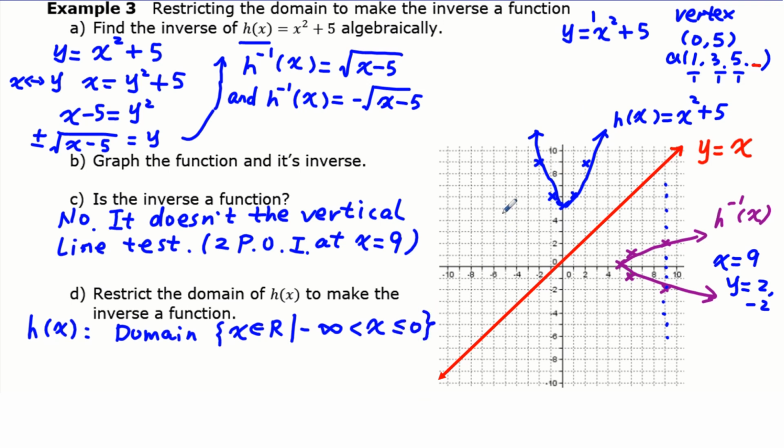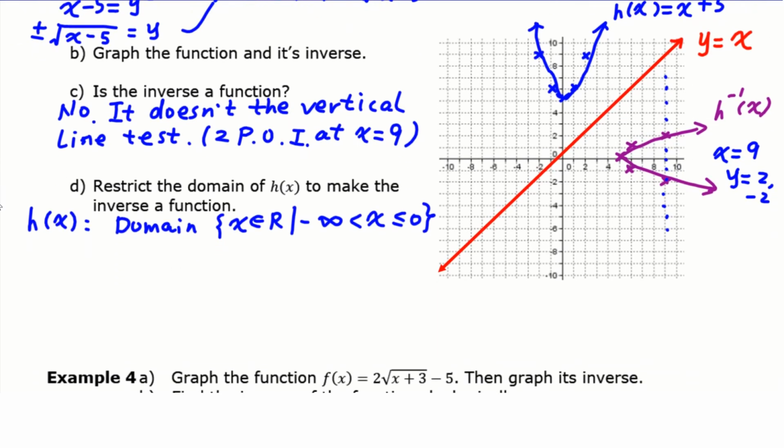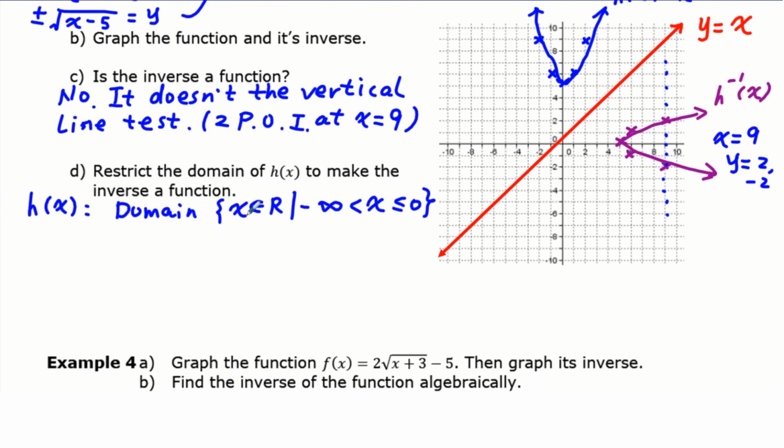If we only have this half and flip it, you only have the bottom half, and it will be a function, with no top half. So this is how you restrict the domain to make the inverse a function.